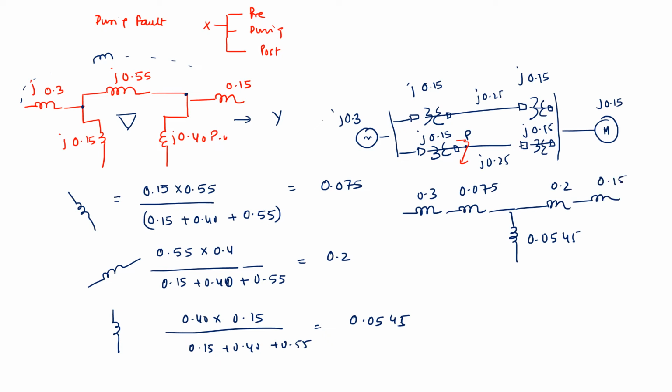Further if I simplify this network, it can be simplified as 0.375, 0.35 and 0.05. When I further calculate it, it will be coming out to be 3.133, because I convert this star into delta again.